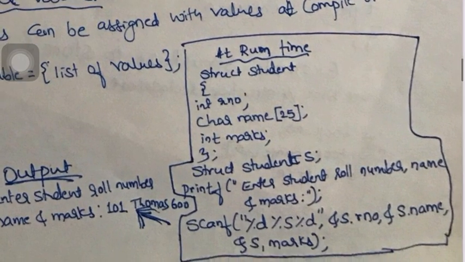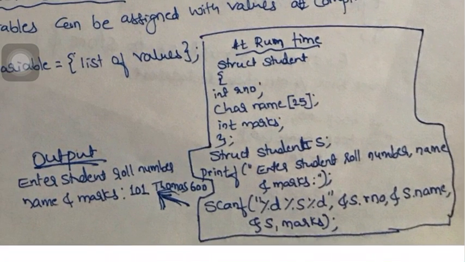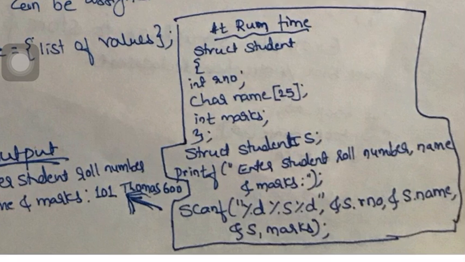Runtime is when the program is running. We use the printf statement and scanf statement, and we enter the values at runtime. The initial part is similar to compile time: struct student, opening with the bracket, then integer type roll number, character name, and marks again in integers.